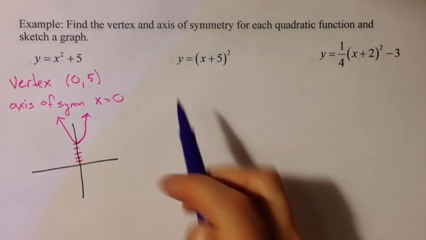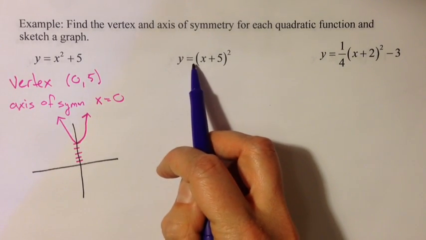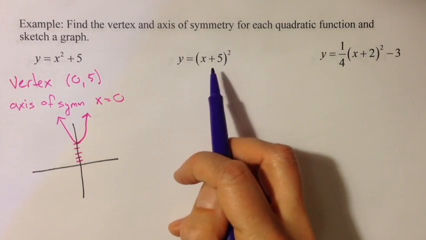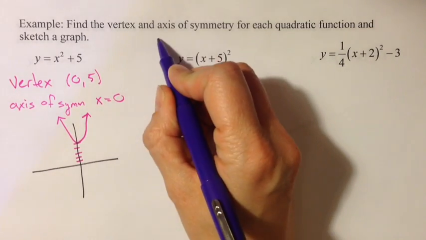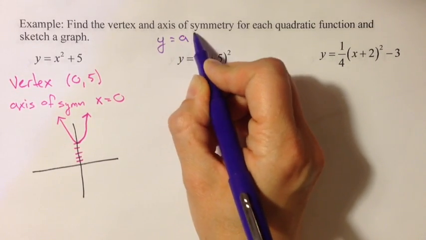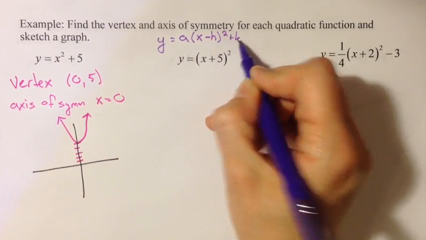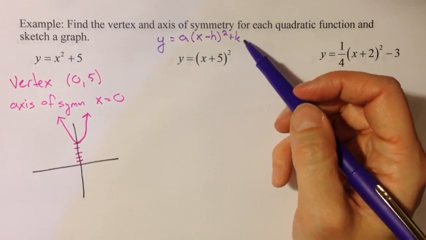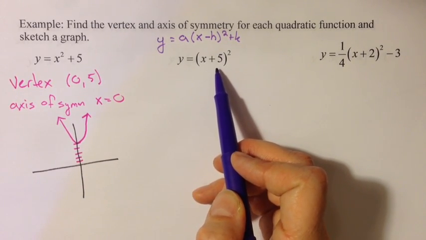My second example is y equals (x plus 5) squared. This time a is 1 and k is 0. Now it's going to take us a second to figure out what h is. Remember that vertex form is y equals a(x minus h) squared plus k. So I know that the k is 0 in this case, but this h is really a negative 5.